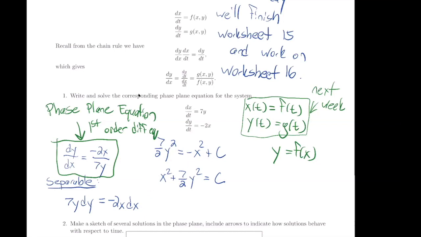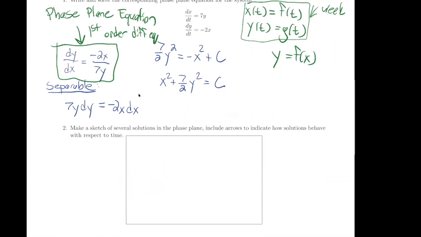So at this point, it falls back to material from earlier in this semester. And then if we want to sketch this in the phase plane, we could take this equation over here and plot it down below.